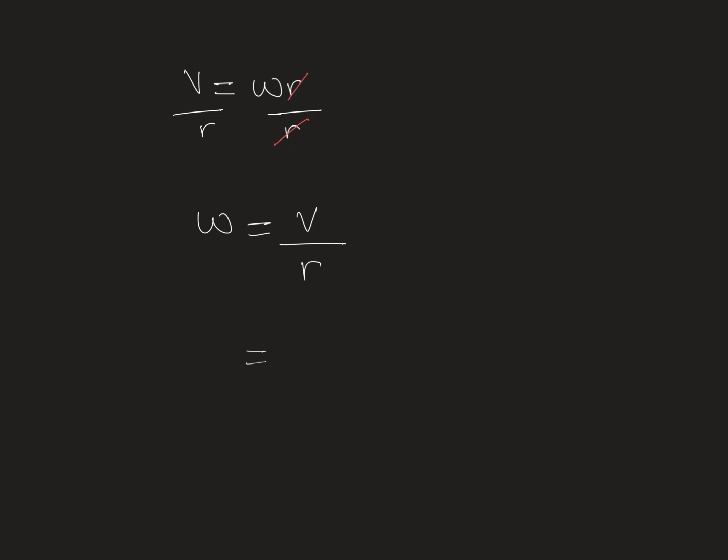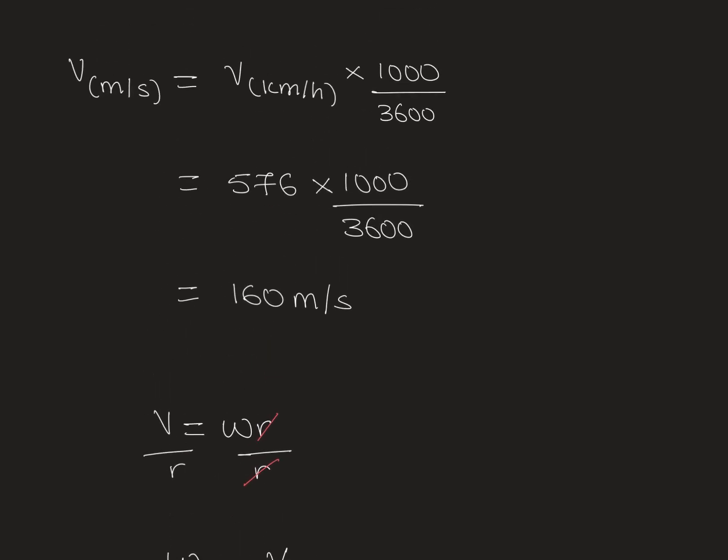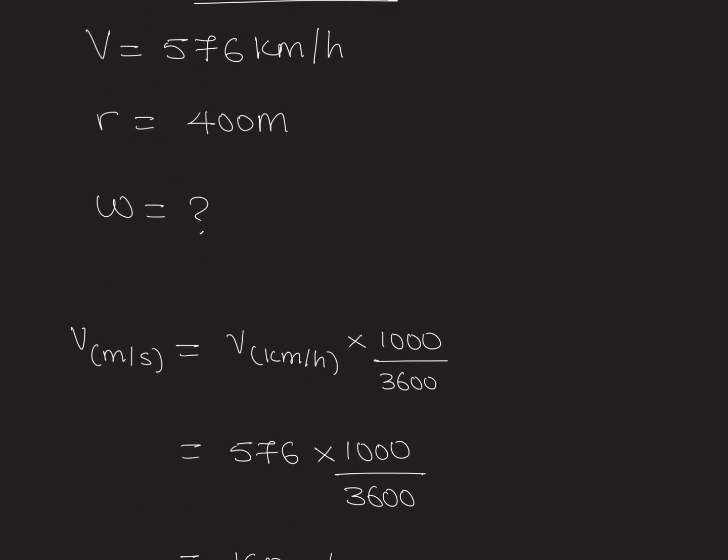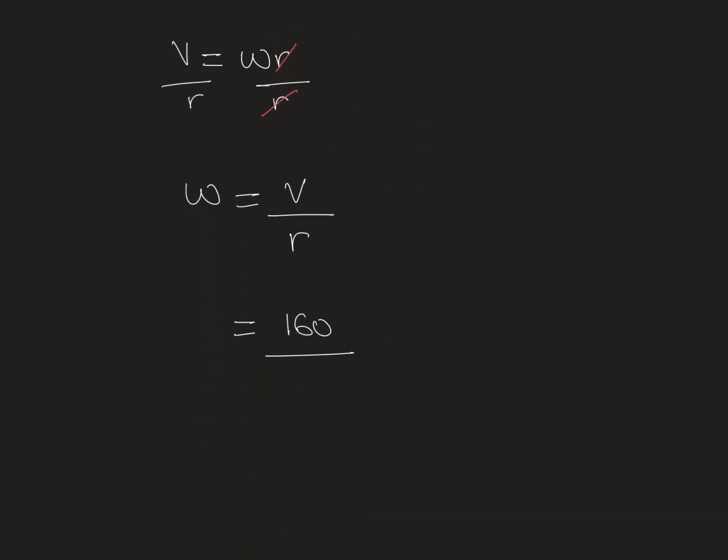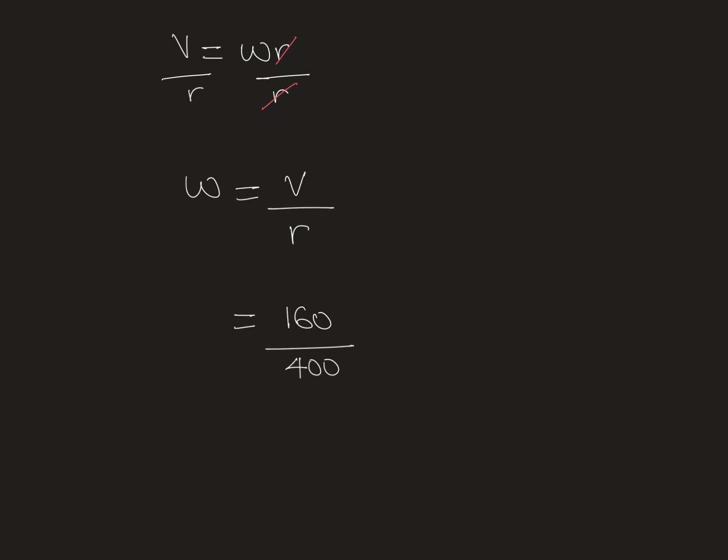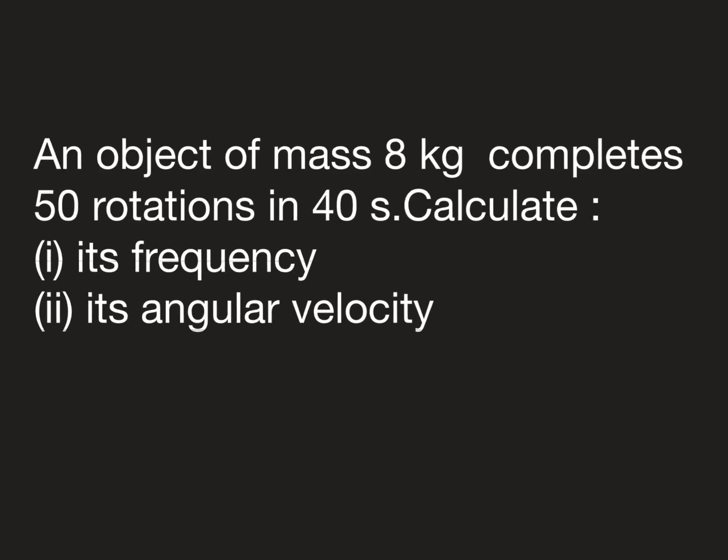So the linear velocity is 160 meters per second divided by the radius, 400 meters. So 160 divided by 400 is 0.4 radians per second.